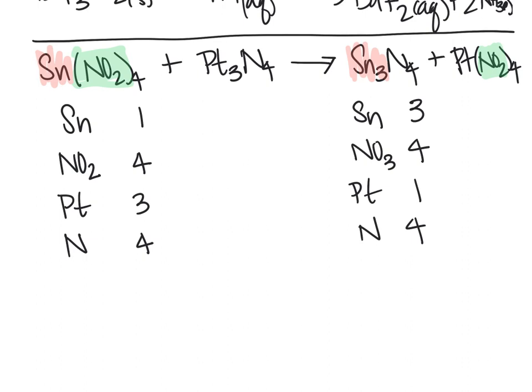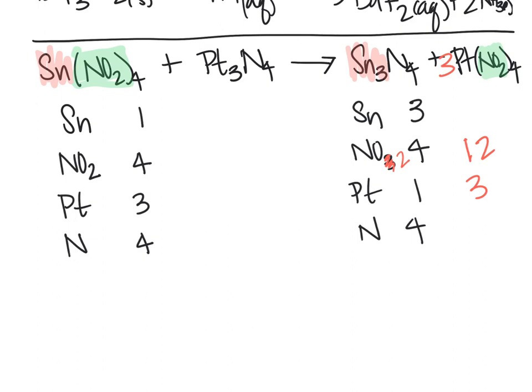So we know that the platinums are imbalanced. So let's start with those first. We're going to add a 3 here. So we are going to increase our platinum. 3 times 4 is going to be the nitrites, 12 of those and 3 platinum. On the other side of the equation, we need to balance the nitrite.